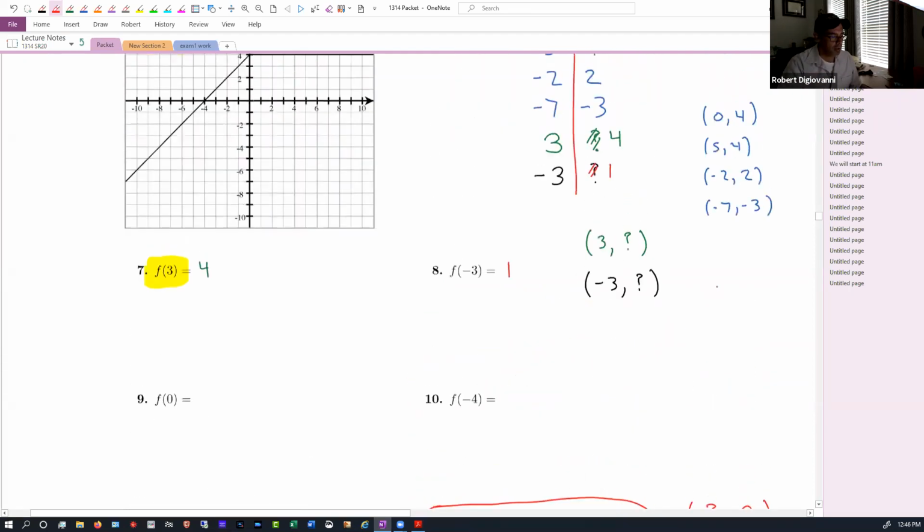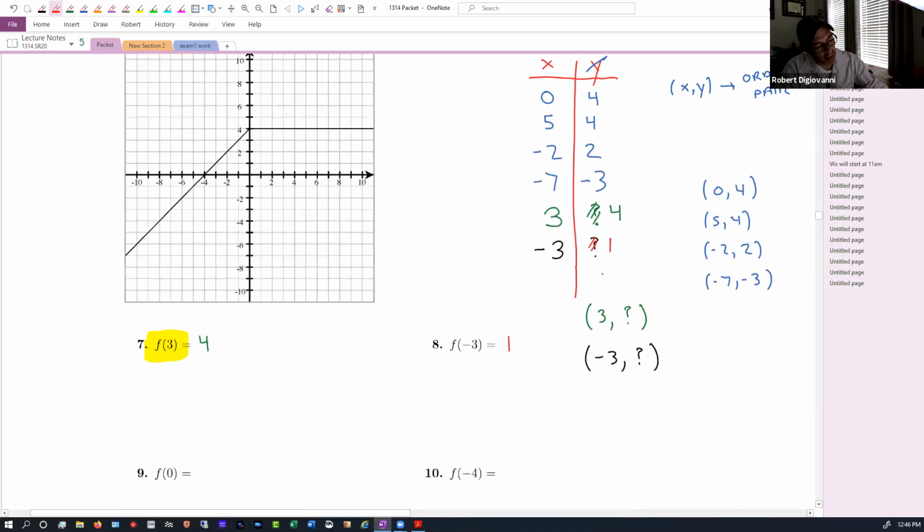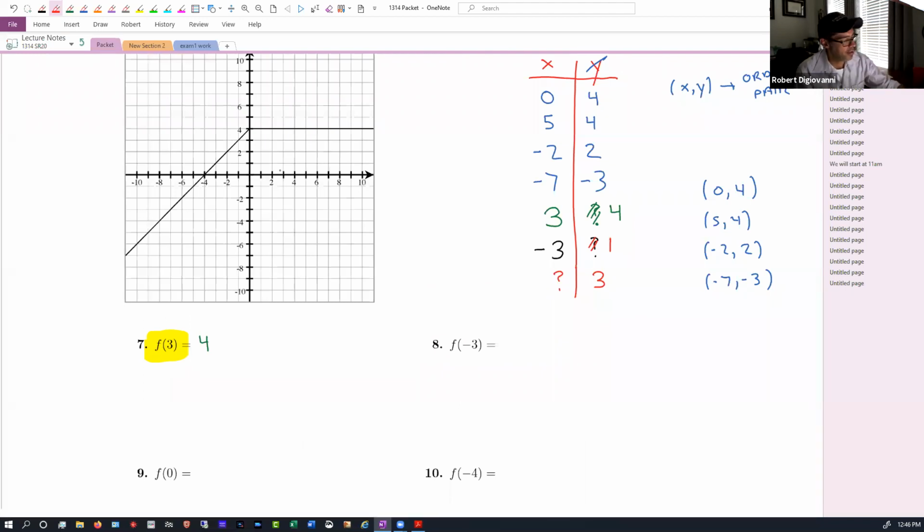So you have to go here and look at your t-table and be like, okay, I know I'm trying to figure out what input will give me an output of 3. So when I look at my picture, I'm not going to go to 3 on the x-axis, right? I'm going to actually go to 3 on the y-axis, which is here because that's my output.